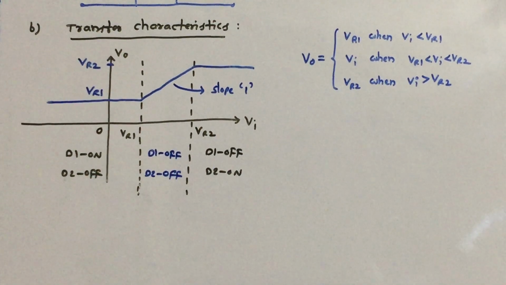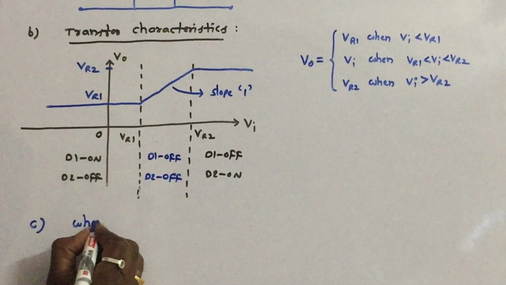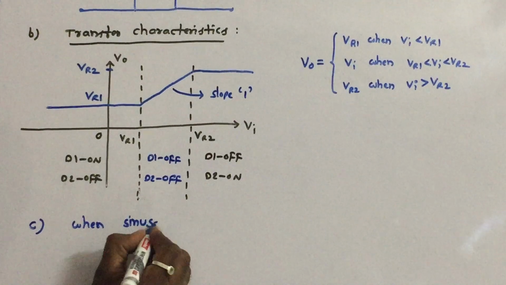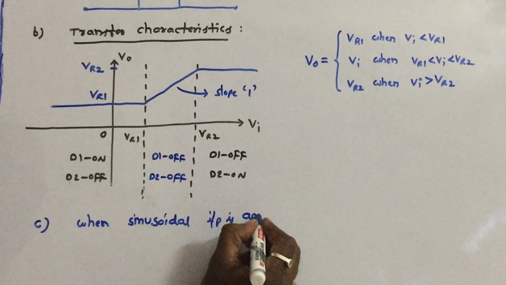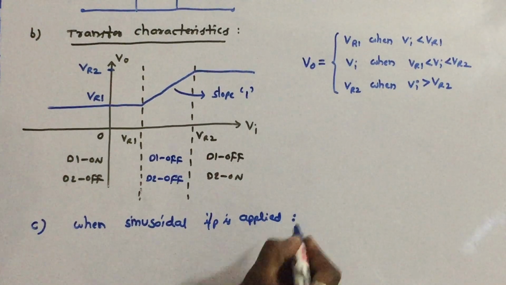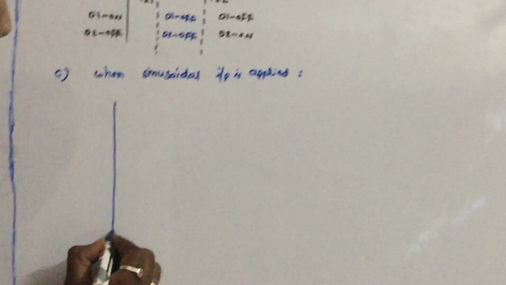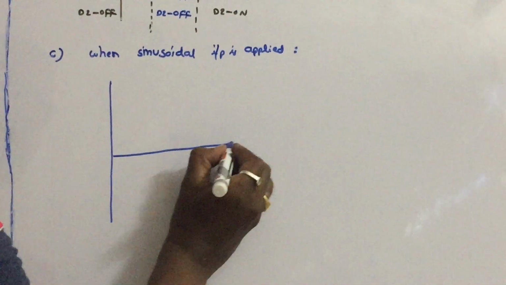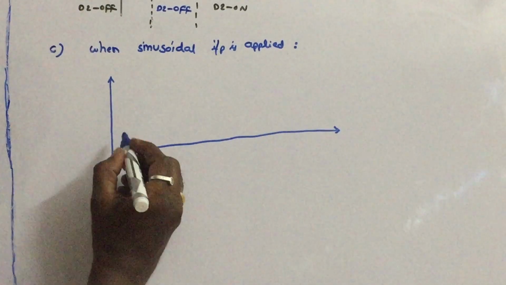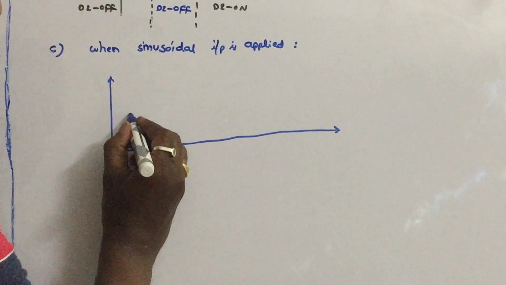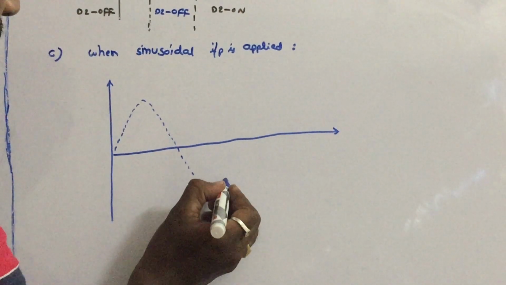So let us see the third one. So when sinusoidal input is applied to the circuit, let us see which portions of the waveform are going to be clipped. So let us take a sinusoidal input voltage. Let us draw the input voltage with the dotted lines.